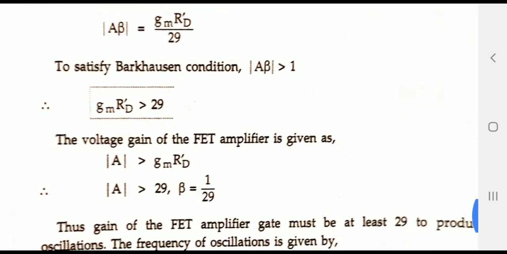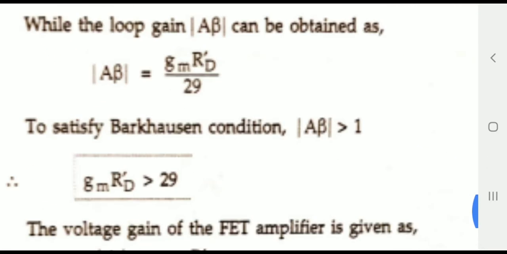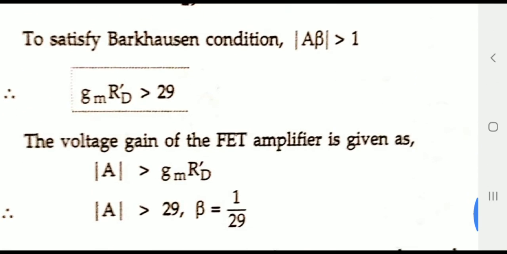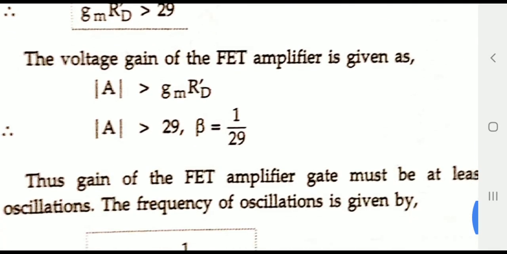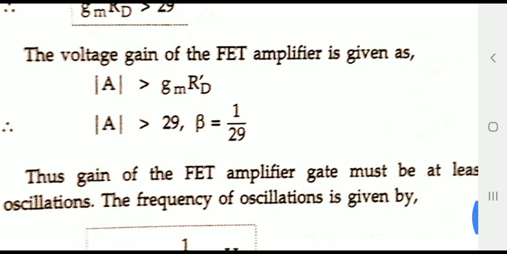Now, to satisfy the Barkhausen criterion, you can just substitute A beta equals 1 here. Now the expression is written as gm into Rd dash is greater than 29. This indicates that the gain of the amplifier is greater than 29, and beta is equal to 1 by 29. If the circuit satisfies these values, then the circuit can oscillate.